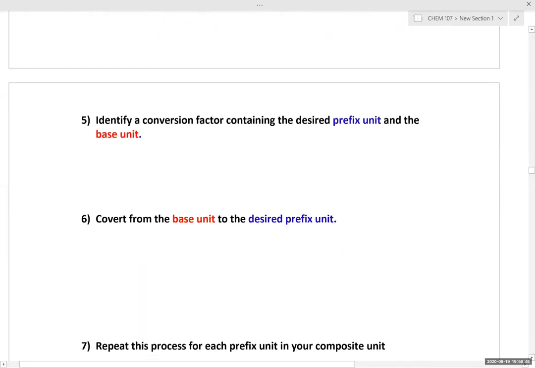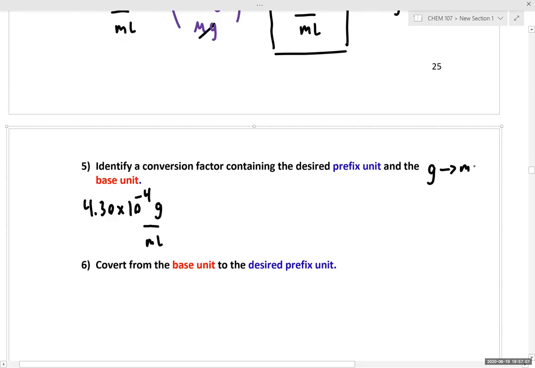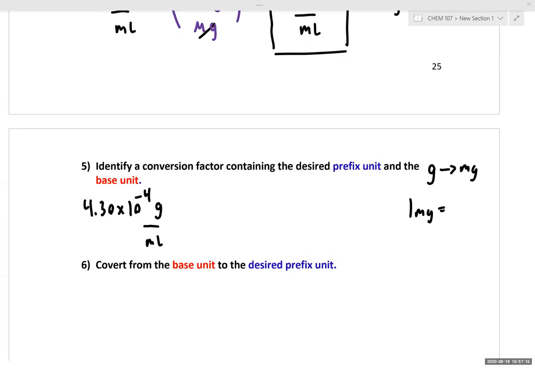Considering that we now have 4.30 times 10 to the negative 4th gram per mil, looking at our solution map, our goal is to go from grams to milligrams. We know 1 milligram is equal to how many grams? What does the milli prefix correspond to? 10 to the negative 3rd gram. Perfect.